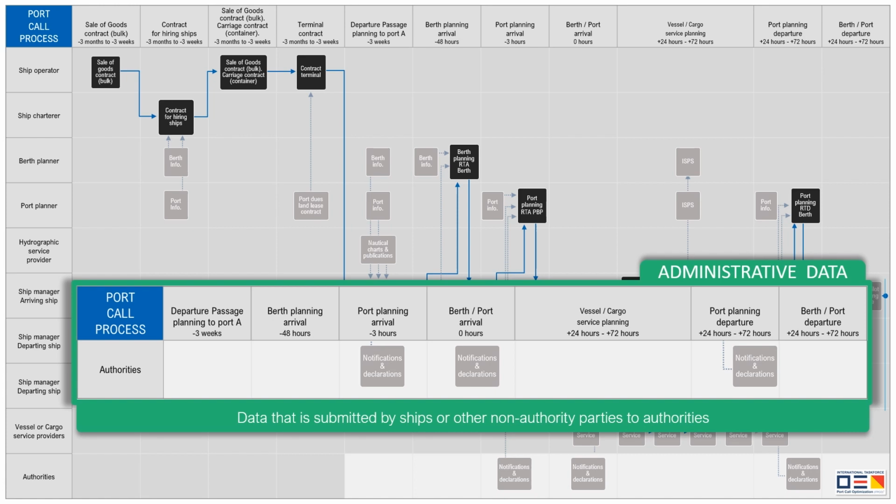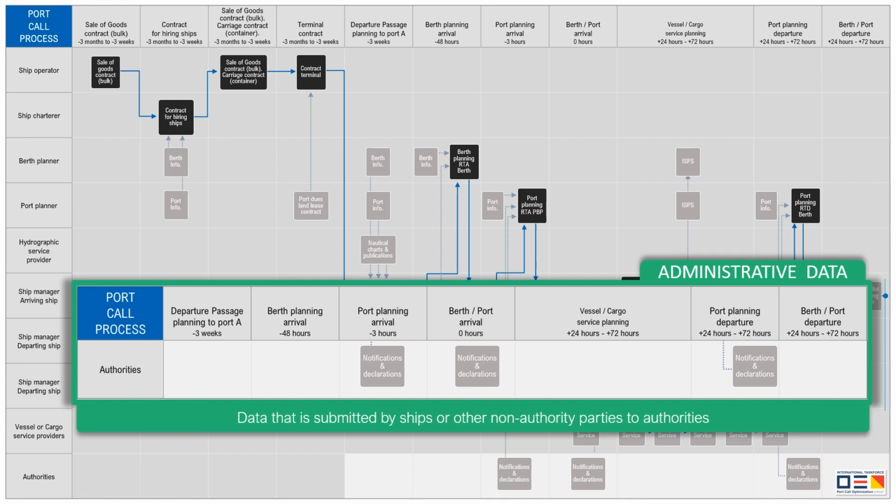The migration from manual, paper-based, port-specific notifications and declarations to a digitalized single-truth data submission on a one-to-many basis under a maritime single window is underway, with IMO setting the target of January 2024 for implementation by member states.